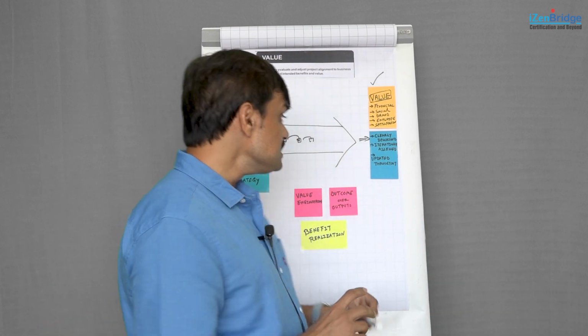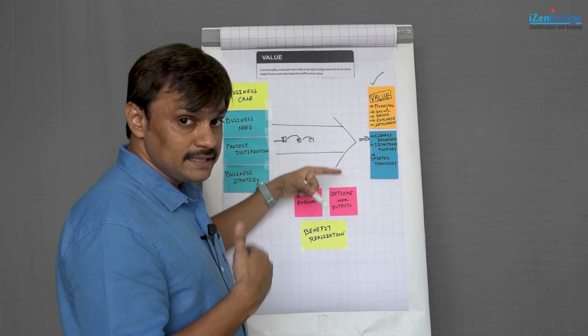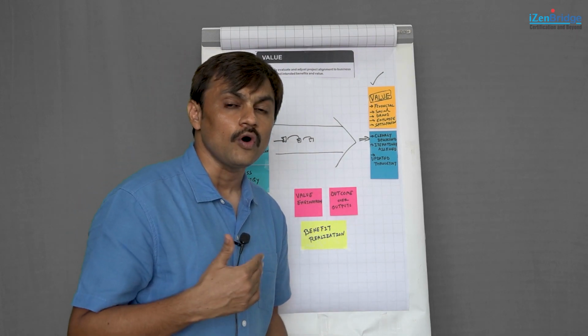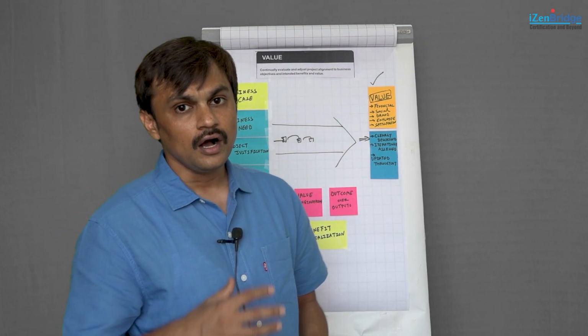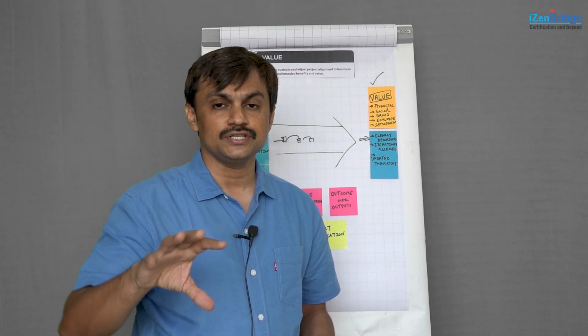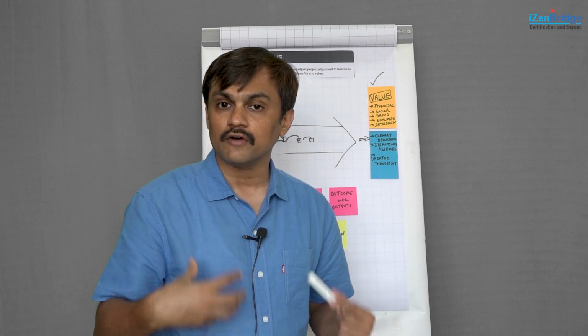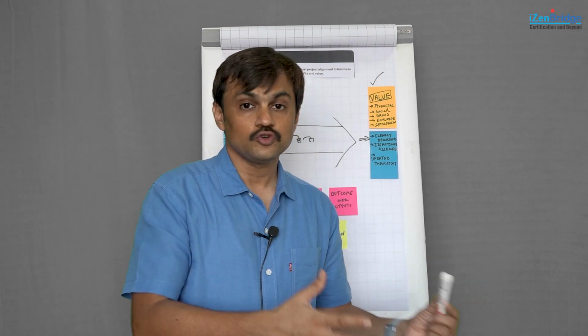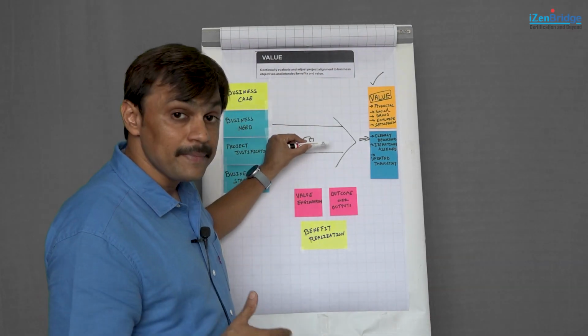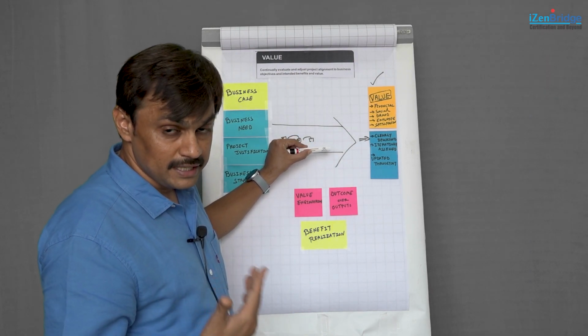So, things are changing. And in the changing space, we need to always be aware of how the impact of these changes is getting on our value, because our principle is to focus on value. So, we need to see how these things are impacting our value incrementally or periodically.